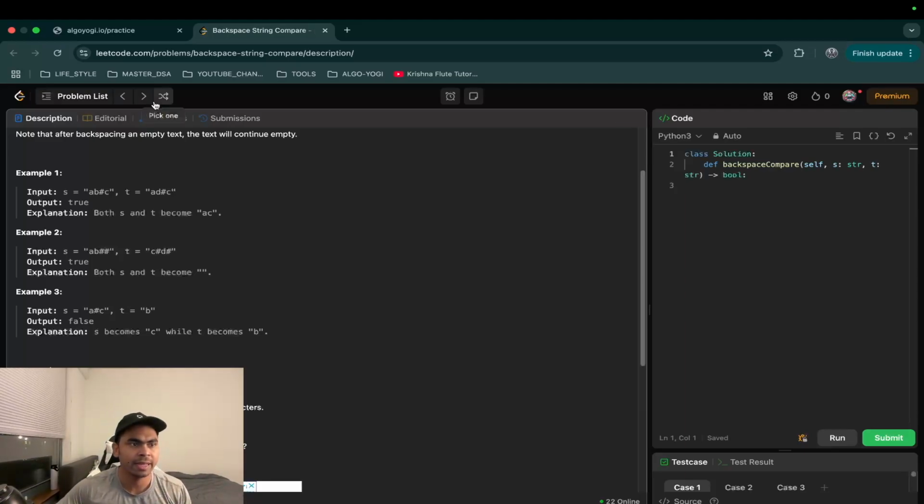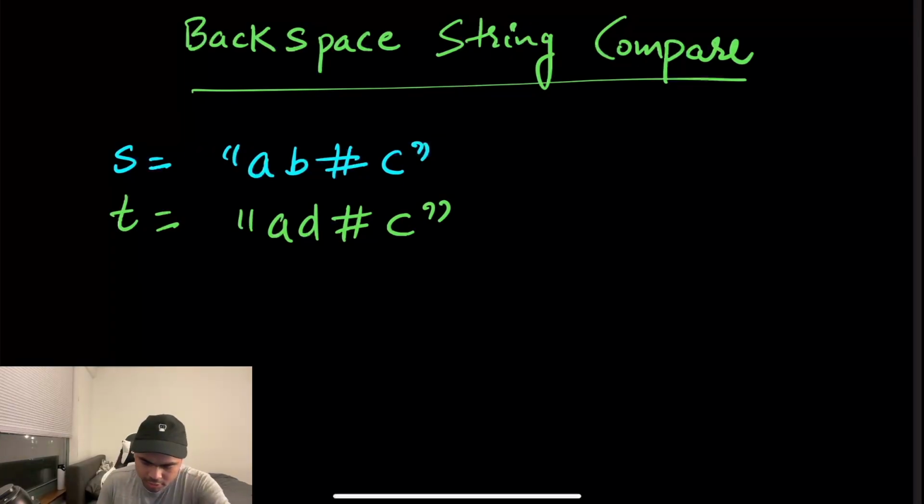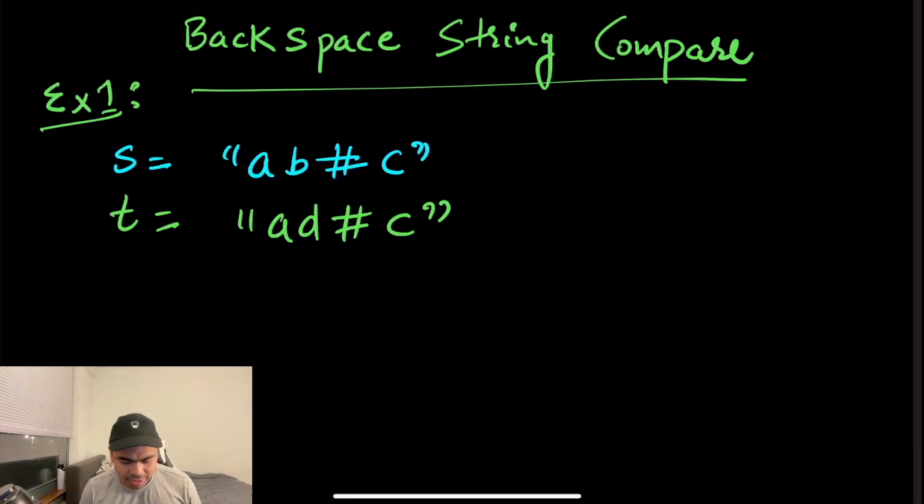This problem can actually be solved really simply. I just wrote down our first example here. This problem can be solved by using a stack. It should be a stack problem, right?